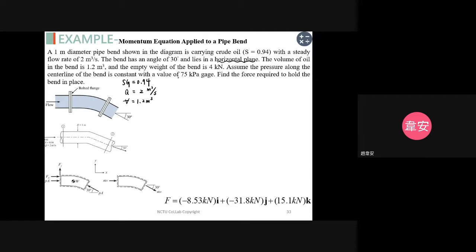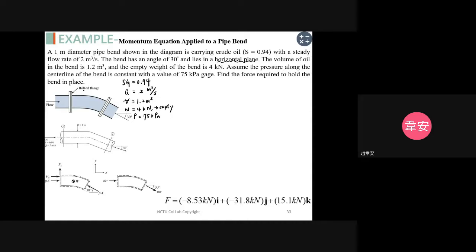And the weight for the bend is 4 kilonewtons. This is for the empty bend pipe. So assume the pressure along the center line of the bend is constant. So the constant pressure value is 75 kilopascal. So find the force required to hold the bend in place.